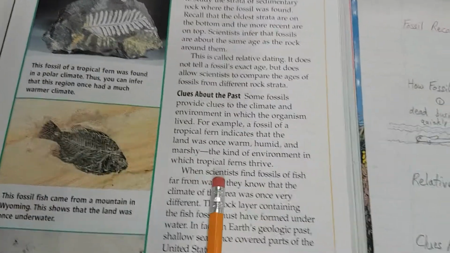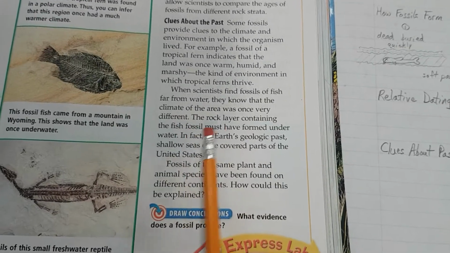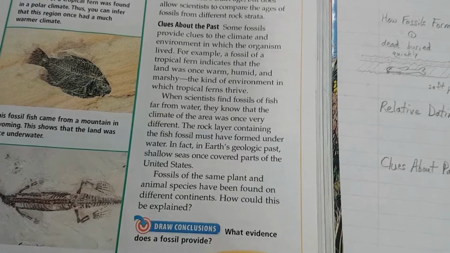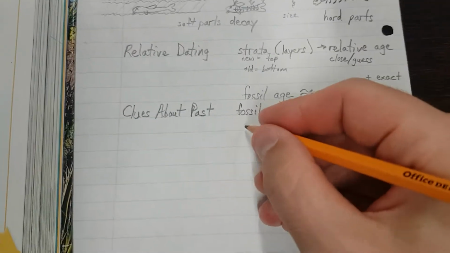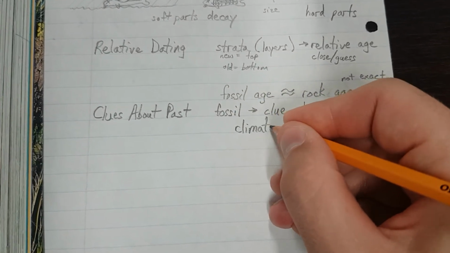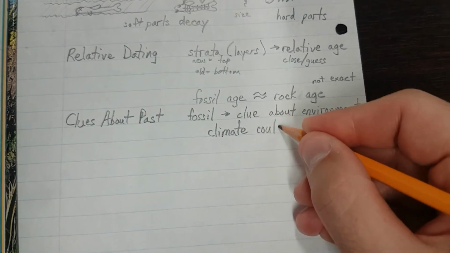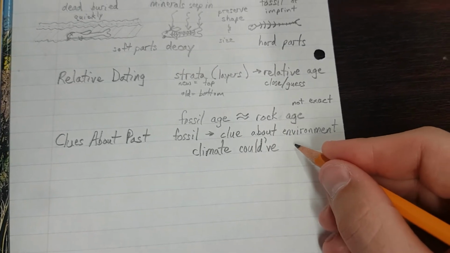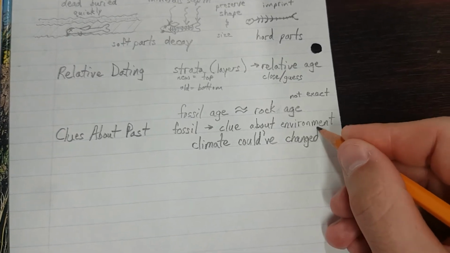All right. Something about the fish being far from water, the climate being different, and the formation of the layers. So fossils are a clue about environment. Indent here, climate, C-L-I-M-A-T-E, could've, C-O-U-L-D apostrophe V-E, changed, C-H-A-N-G-E-D.